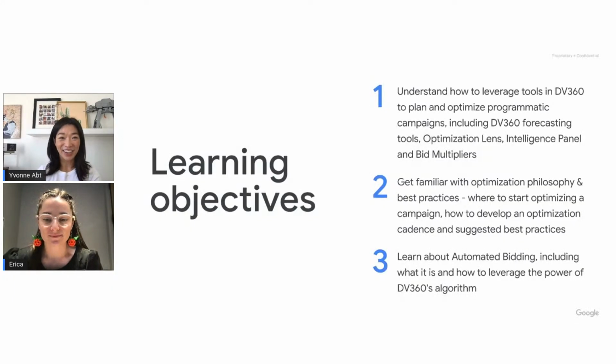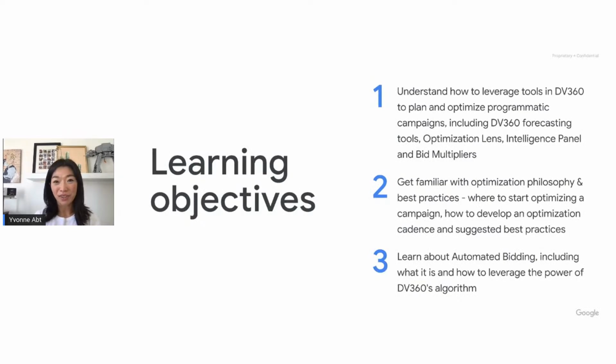Thank you. All right. So just to set the table here, we wanted to start by sharing what we think you'll be able to take away from this session by the end of the hour. So 3 learning objectives. Number 1, you'll be able to understand how to leverage the various tools within DV360 to both plan and optimize your programmatic campaigns.